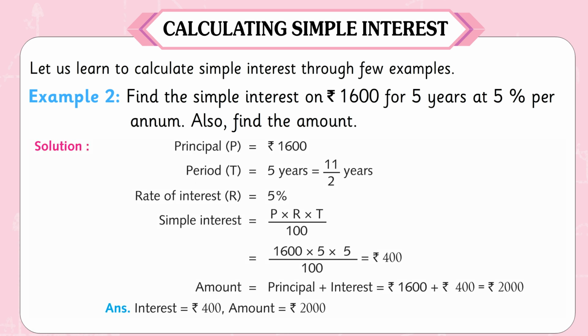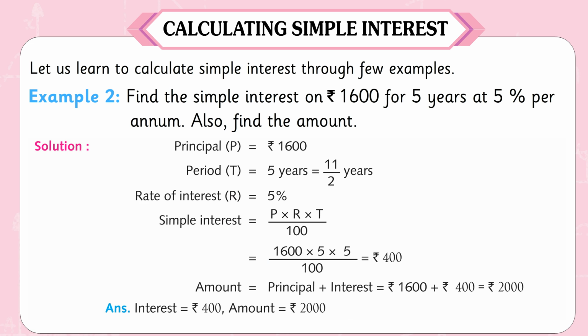Solution. Principal P is equal to ₹1,600. Period T is equal to 5 years. Rate of interest R is equal to 5%. Simple interest is equal to P into R into T whole upon 100, which is 1,600 into 5 whole upon 100, equal to ₹400.